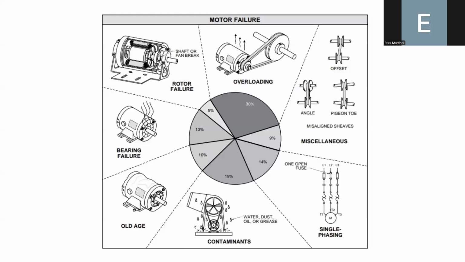But let's say that the most common cause of failure in this type of electrical machine is overloading. Overloading typically causes the failure of a machine. Basically, that means that we are demanding too much power or too much torque from the machine, and that is related to the possible electrical or mechanical failures that the machine can exhibit.